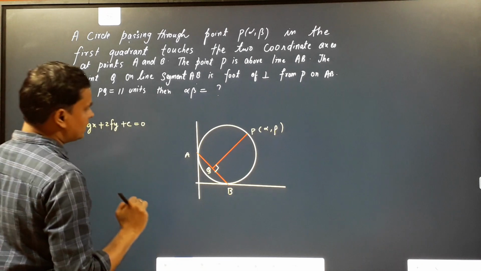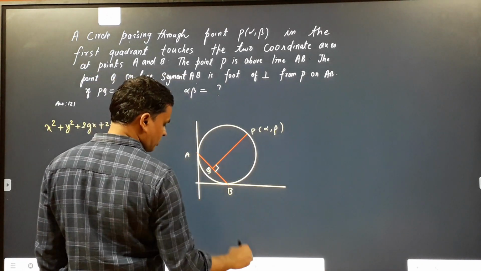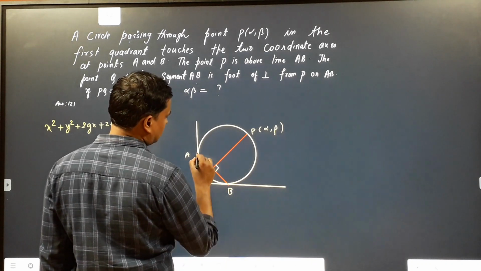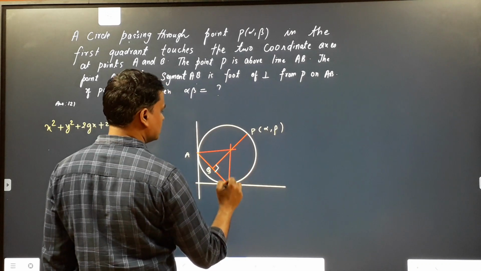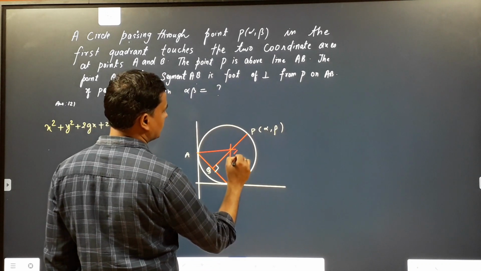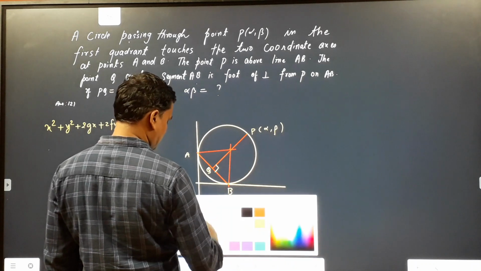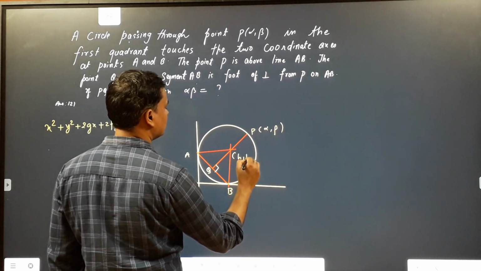We may also write it like this: from here if I draw a perpendicular like this and a perpendicular like this, then this will be the center. So this will be the center, let us say (h, k).